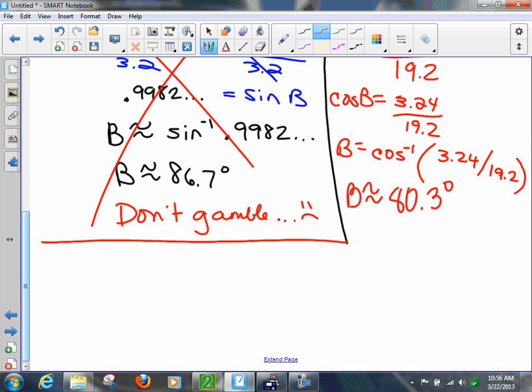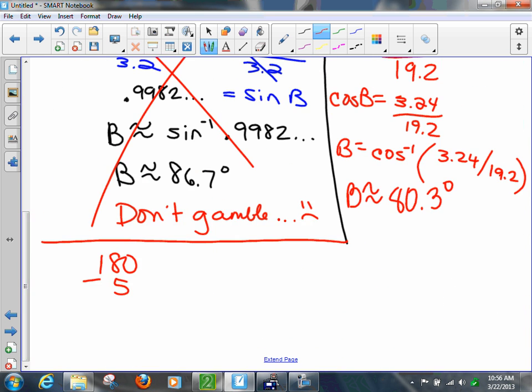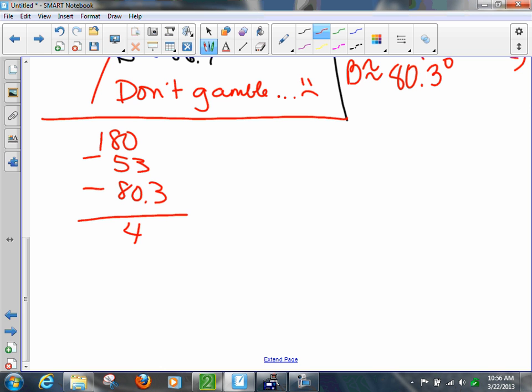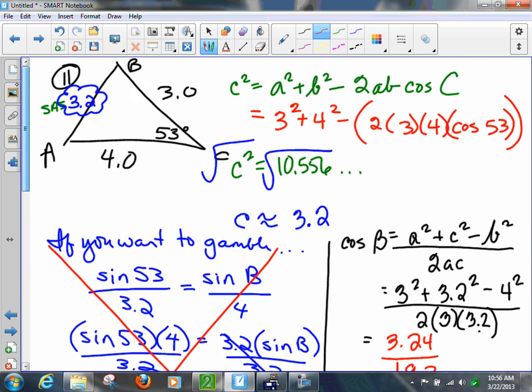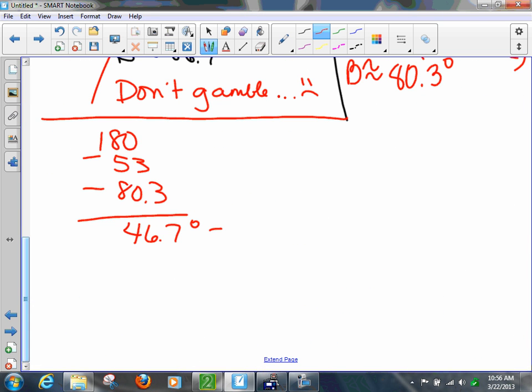And then we got to find that other one. 180 minus 53 minus 80.3. And when you calculate that, you're going to get 46.7 for angle A. Right on.